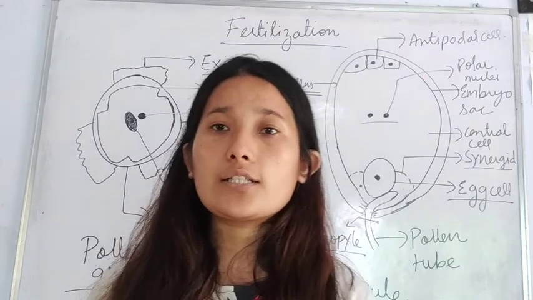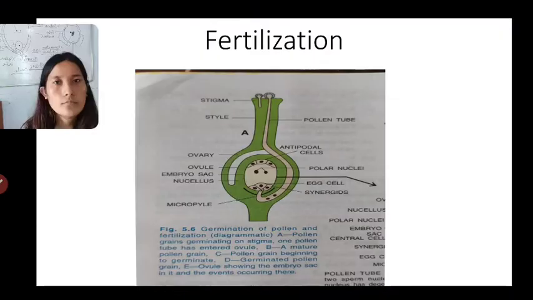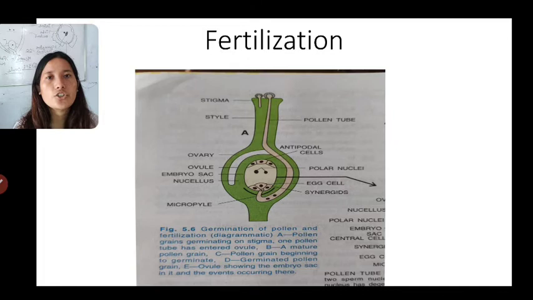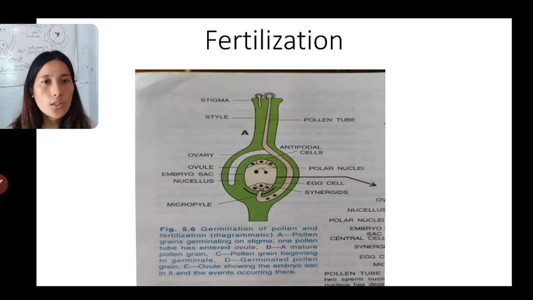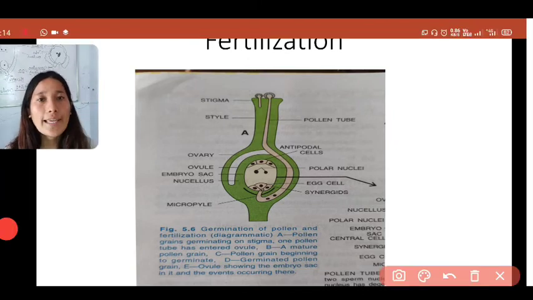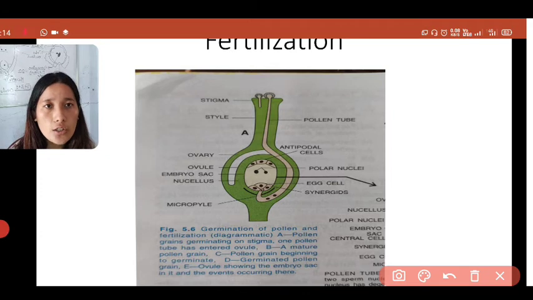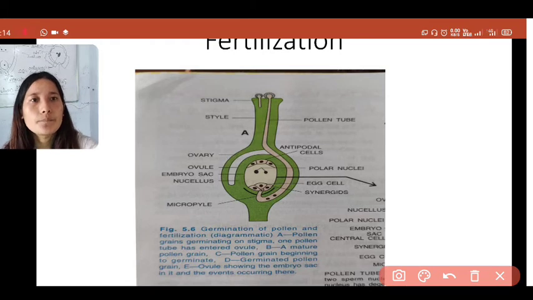Okay, so let us discuss the steps of the process of fertilization in detail. Like I told you, for fertilization to occur, first your pollen grain has to come and stick to the stigma.